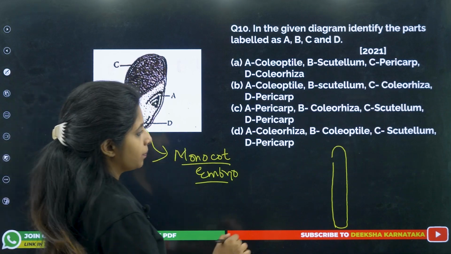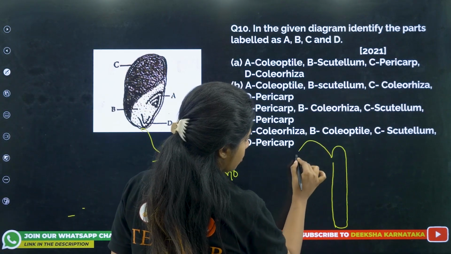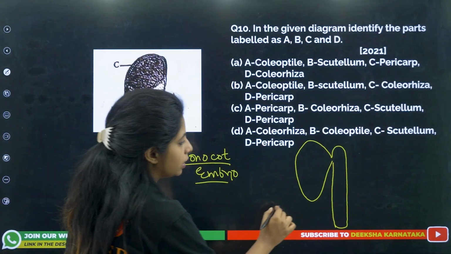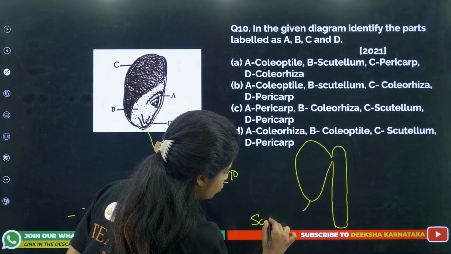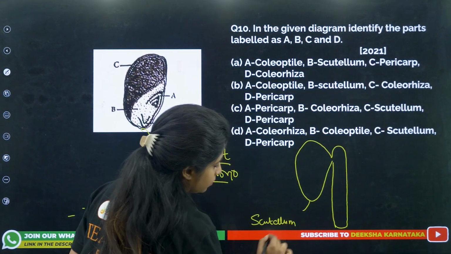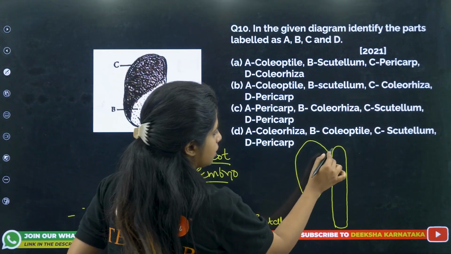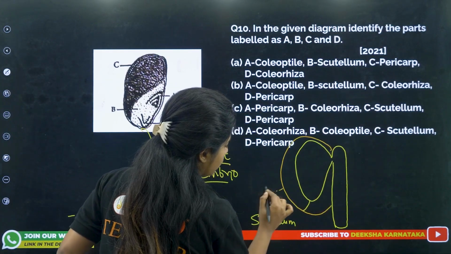From this point it will form something like this. This is one cotyledon that it has, and this cotyledon is known as scutellum. This is the only cotyledon it has. Now the scutellum is covered by the persisting layer of endosperm.